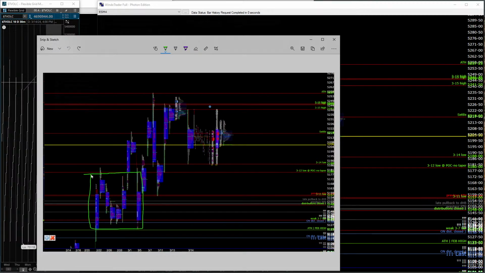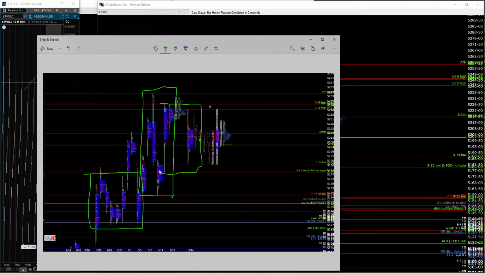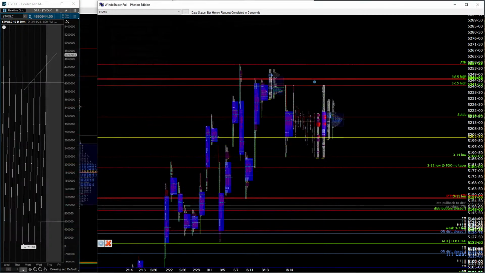You have a range here, another overlapping range, another overlapping range here, and another one building right here. This one, this 3-day range, 3-day range here. That's part of the job, doing this kind of stuff.